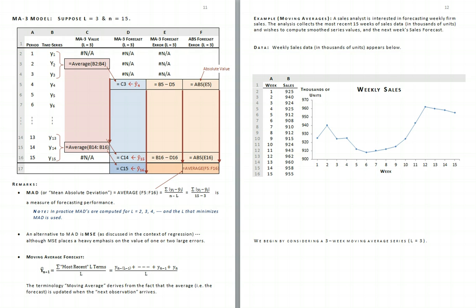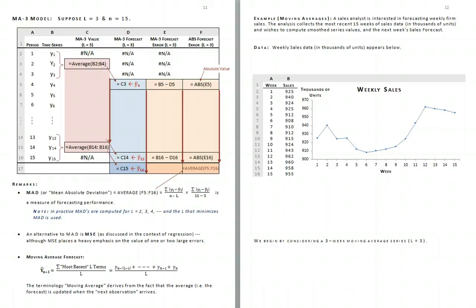A time series plot of the 13 smooth series values in column C would appear similar to a time series plot of the 15 actual series values in column B, except the smooth series would have less period-to-period fluctuation. In column C, the original series has been smoothed.